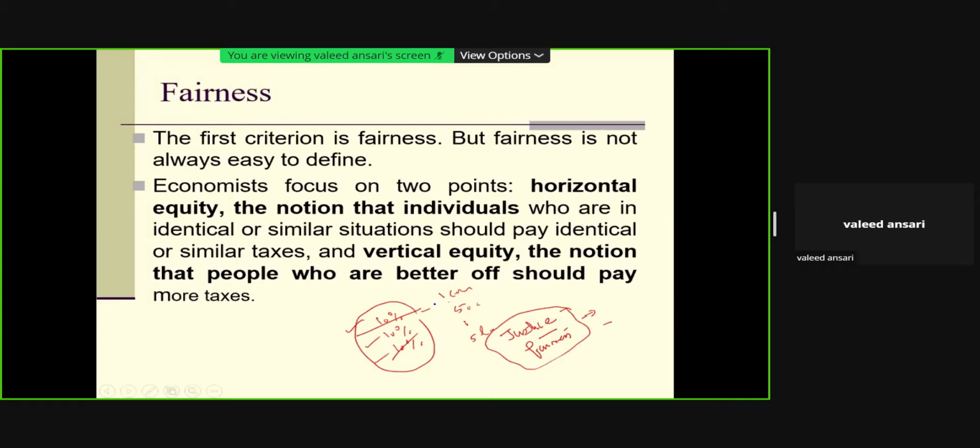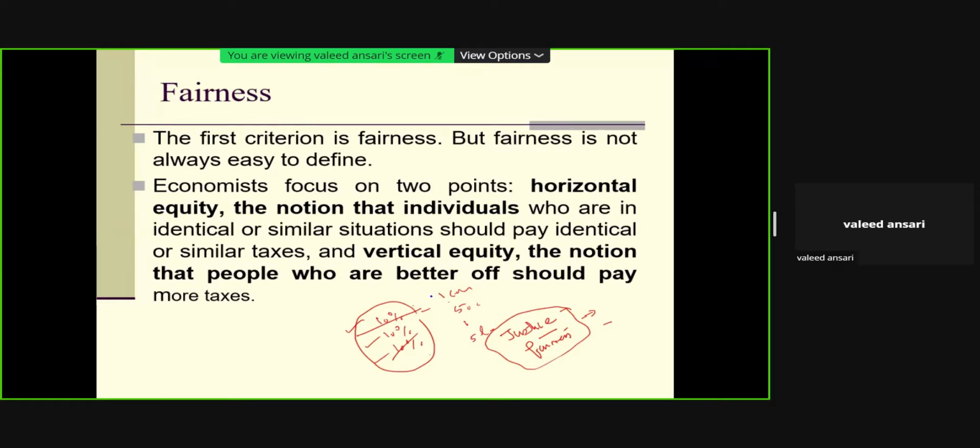Forget about willingness, they can pay more. But if you are taxing at the same rate, it is not fair. It is unjust. Because the people in this bracket and that bracket are different in terms of their ability, whether you measure it in terms of income or other criteria.